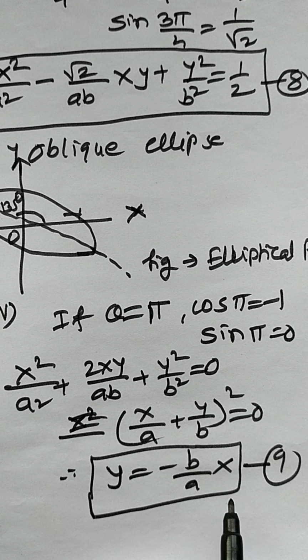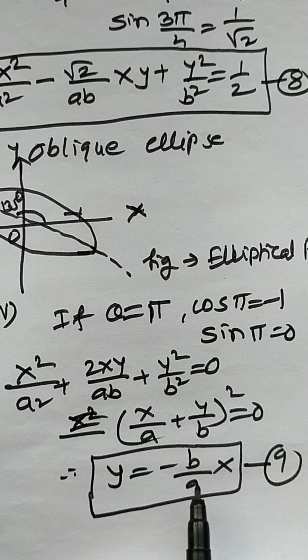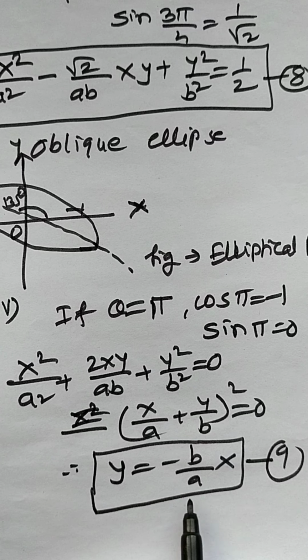So this equation represents a straight line passing through the origin and having a slope b upon a, and so the resultant motion is an SHM along this straight line.